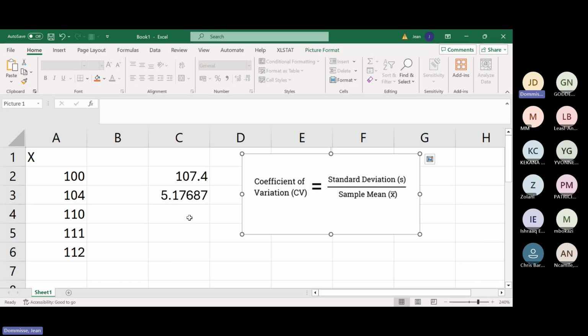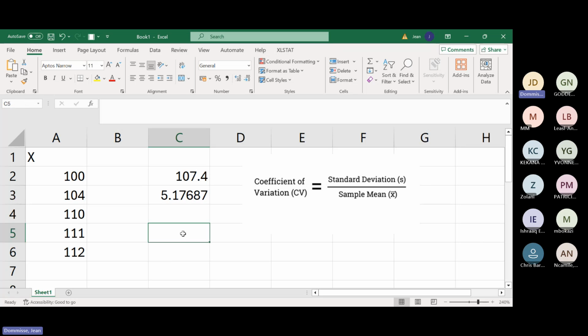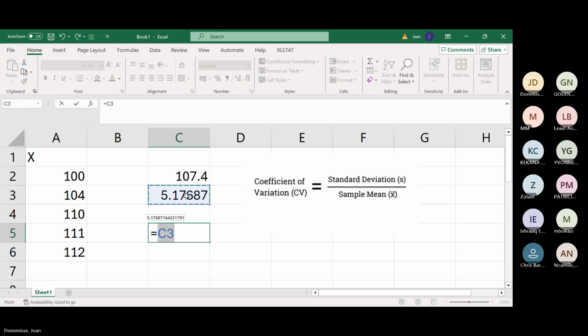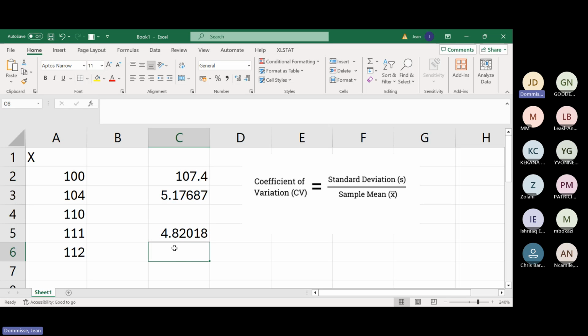Okay, so standard deviation divided by the mean, and because you need to multiply by 100, that will give us 4.82. Just check, so that is 4.82.